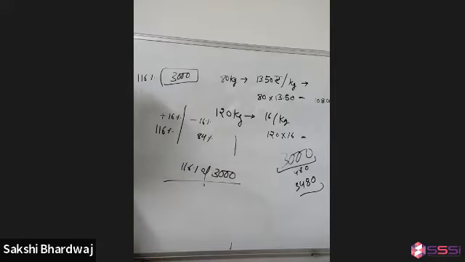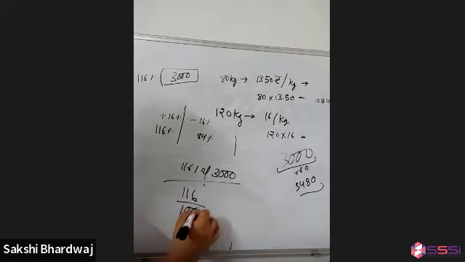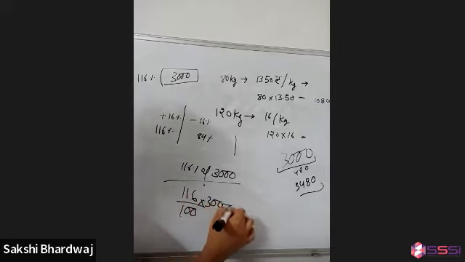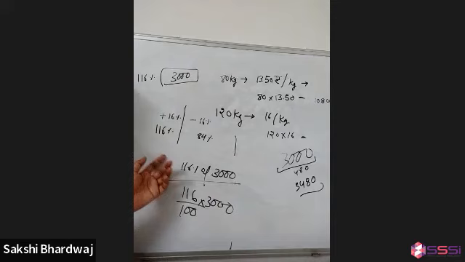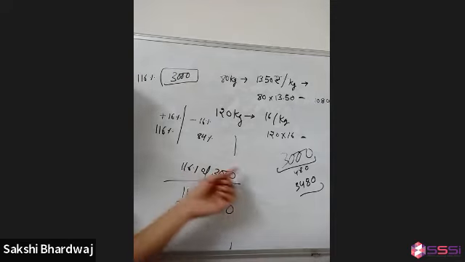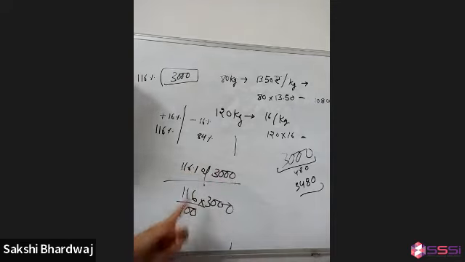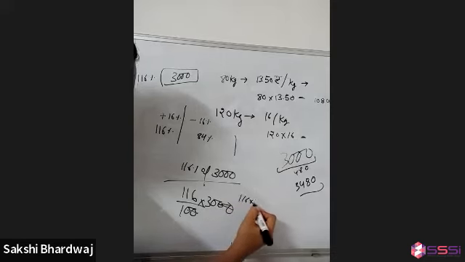Wait. 116 upon 100 multiplied with 3,000. That's how we're going to write it. 116% of 3,000, remove the percentage sign, and we will have 100 in the denominator. Wait, let me do it again. 116 multiplied with 30.